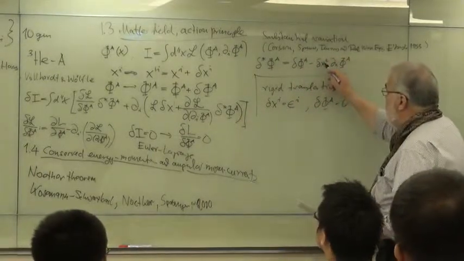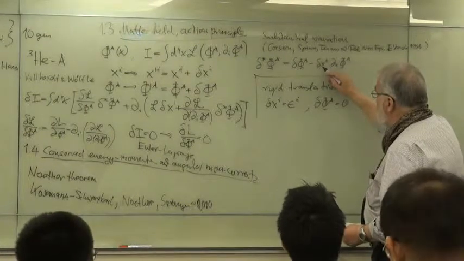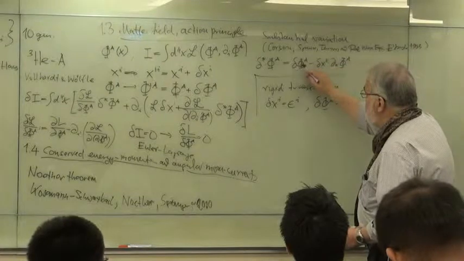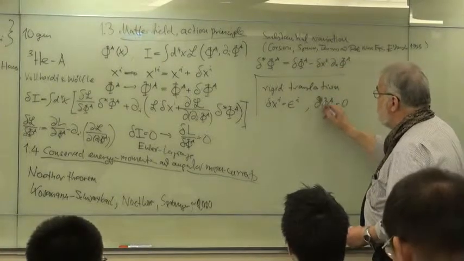In this substantial variation, the dxi then is a constant, so you have epsilon k times the gradient, and this vanishes because phi is not so complete.